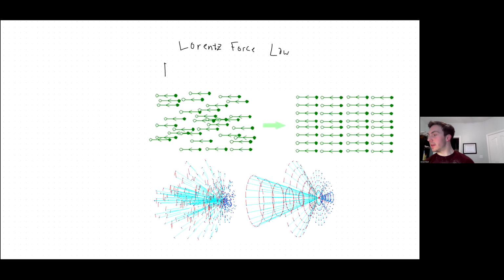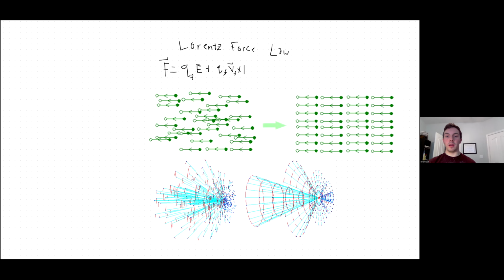And the Lorentz force law is best described as the charge of our field particle multiplied by the electric field, plus the charge of our field particle multiplied by the velocity of the field particle and then times the magnetic field.